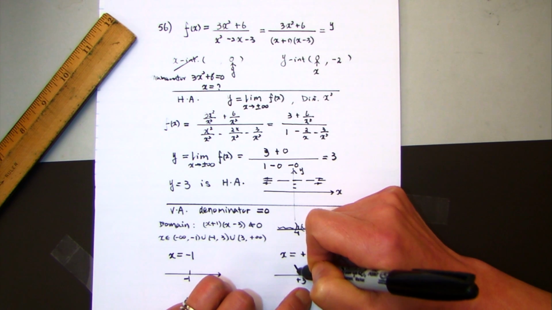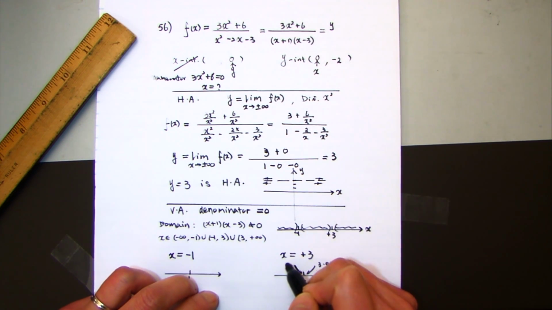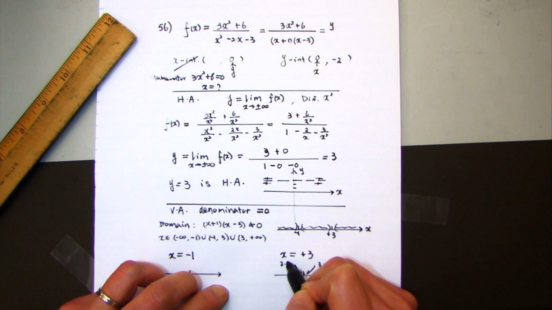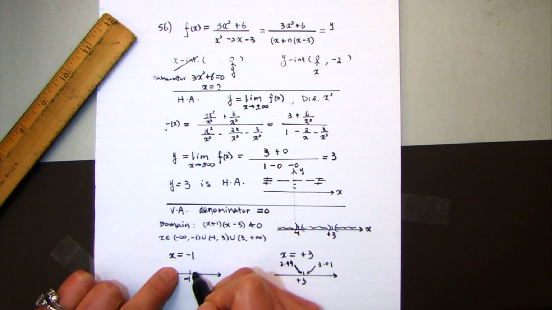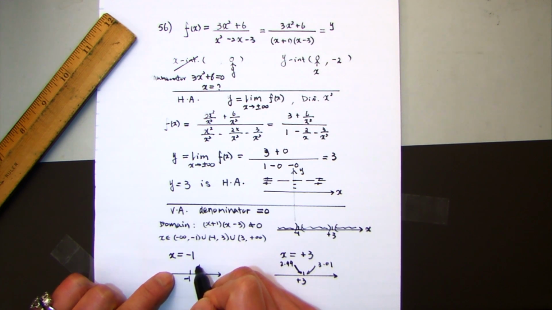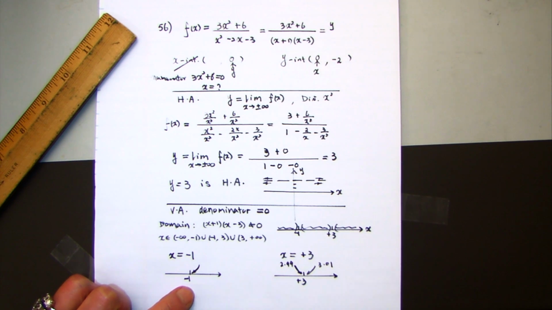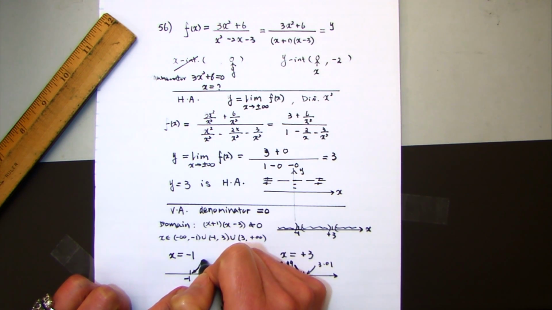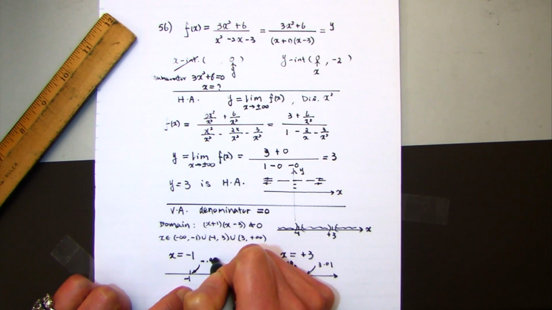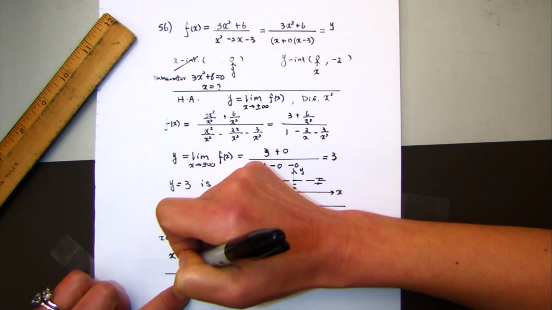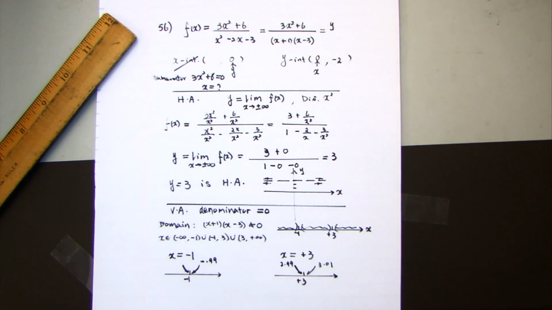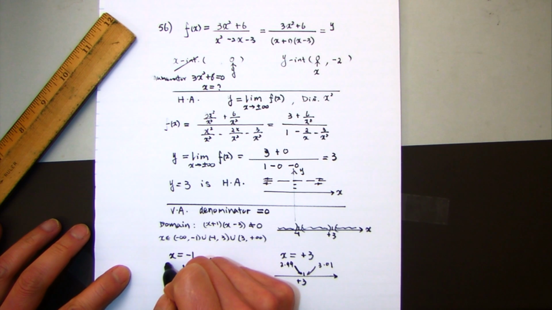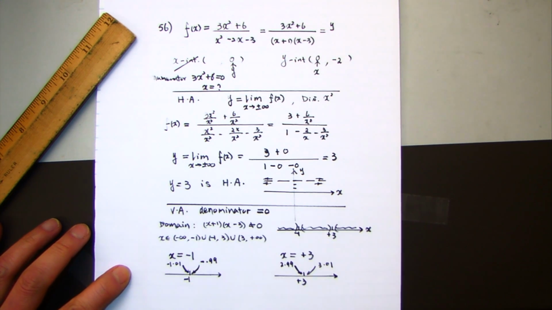Come to 3 from the left-hand side, slightly less than 3: $2.99. Slightly larger than negative 1, coming to negative 1 from the right side: instead of owing people $1, you owe them 99 cents. That's good. Come to negative 1 from the left-hand side: owe a little bit more than $1, you owe them $1 and a penny.